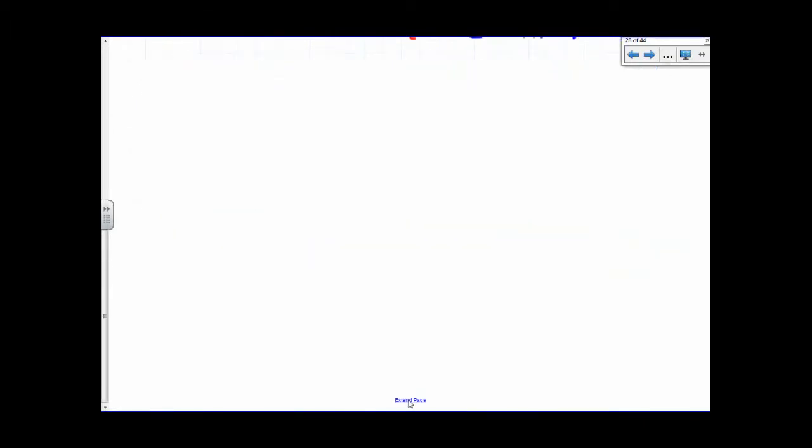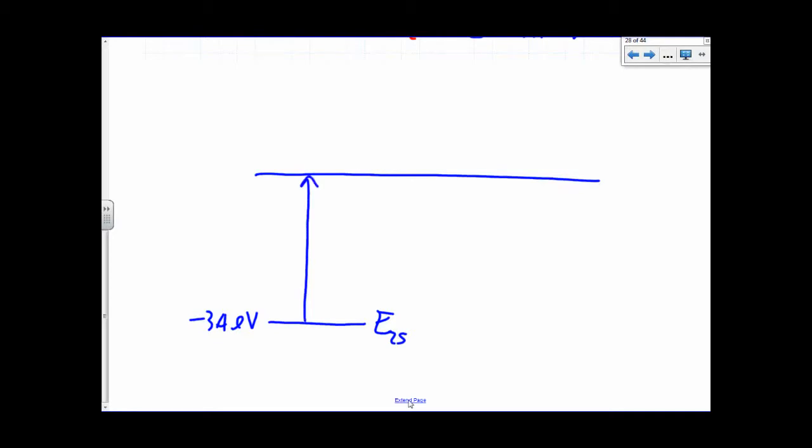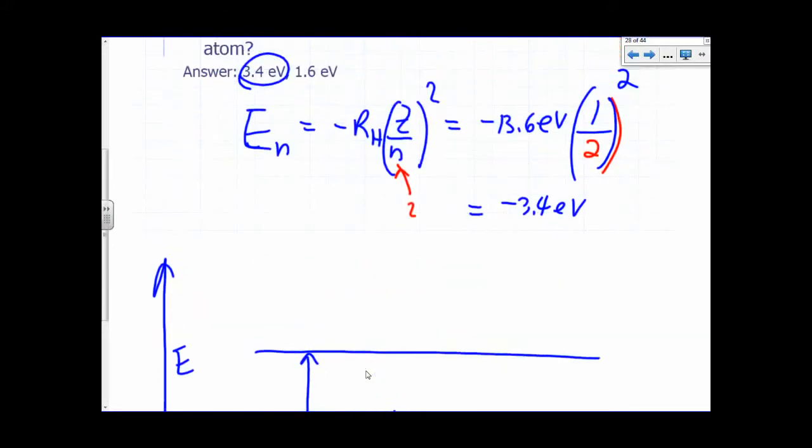On this energy scale, zero is over here. You need at least 3.4 electron volts to allow your electron to move away from the nucleus, to be removed from the atom.